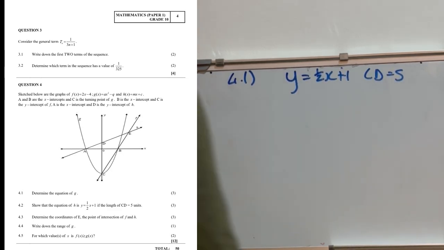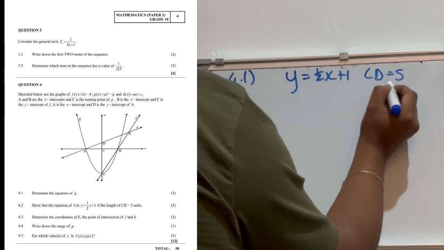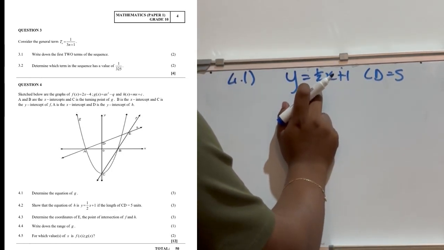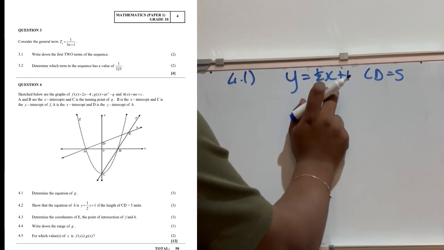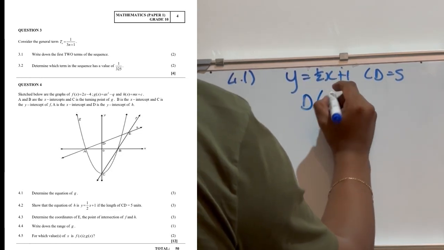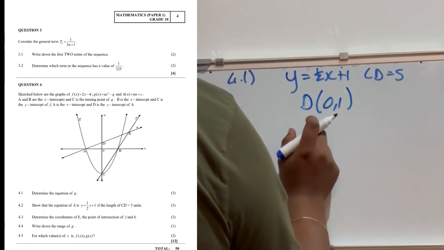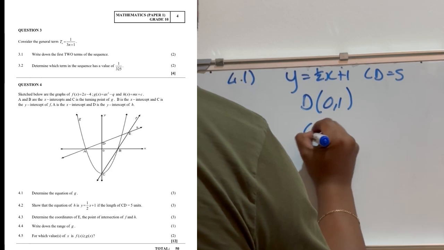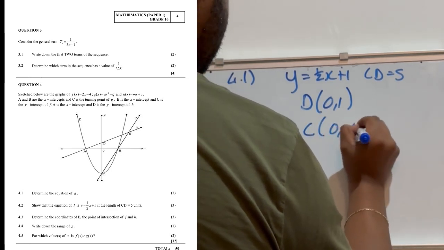So they say for the next question we must show that the length of CD is 5. So this is the graph of H. We know D here is the y-intercept of this, which is 0 and 1. And then we have a point C that is 0 and negative 4.